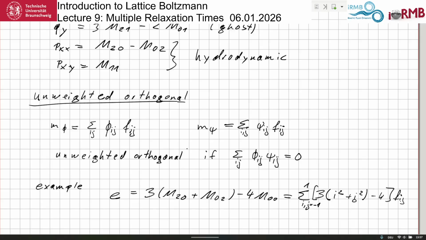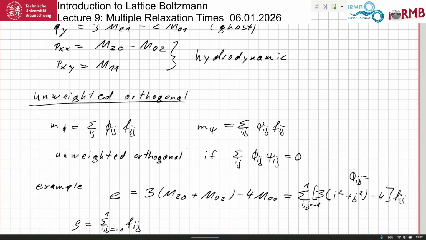This, for example, would be our kernel psi ij. And seeing whether this is orthogonal to rho would be the sum over i and j from -1 to 1 of Fij.